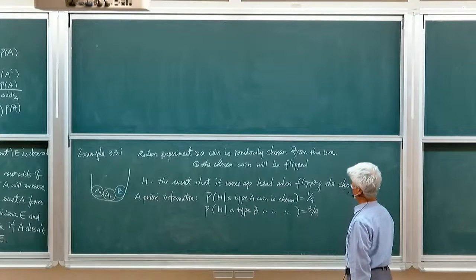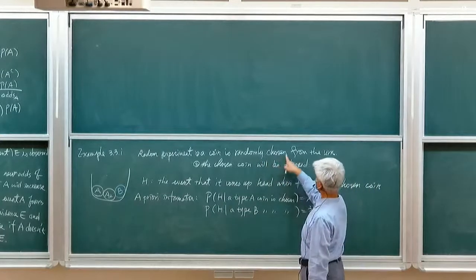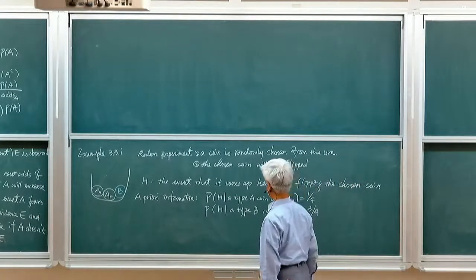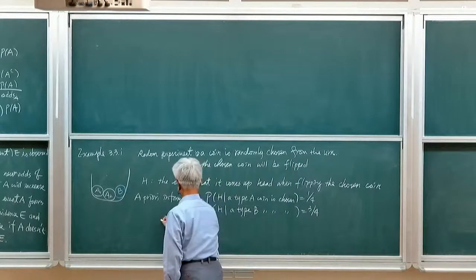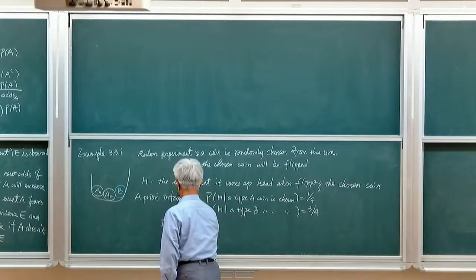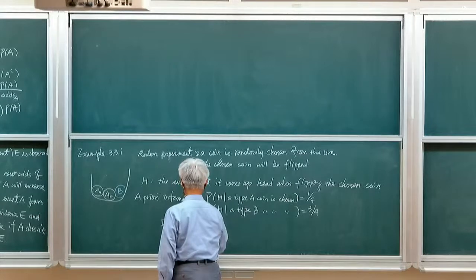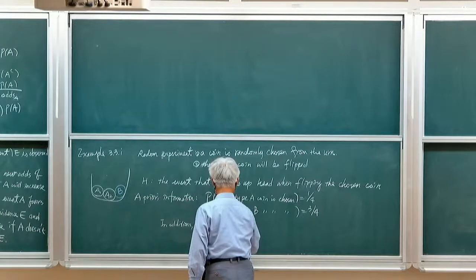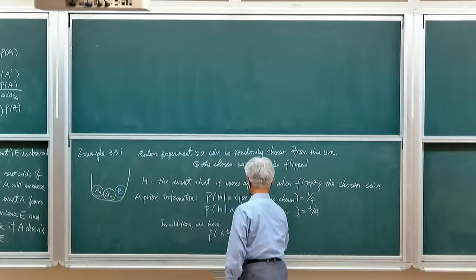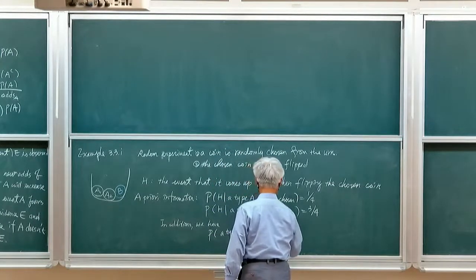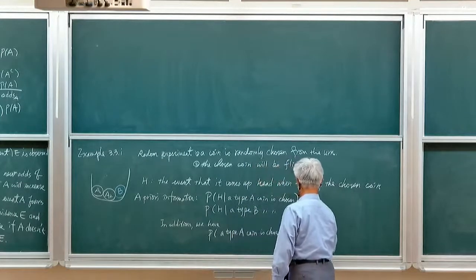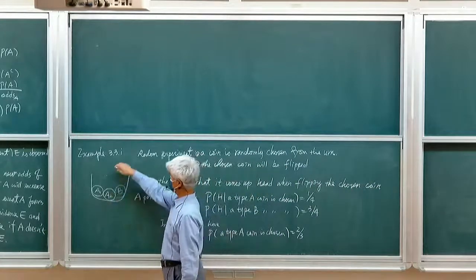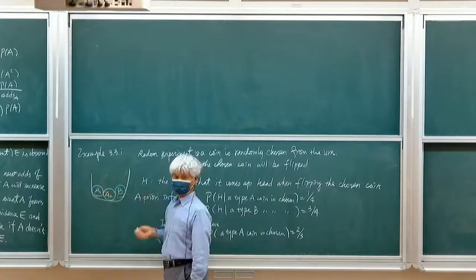Okay, now a coin is randomly chosen from the urn, and in addition we have the probability that a type A coin is chosen, which will be 2/3, right? Because there are 3 coins, and 2 of them are type A coins.